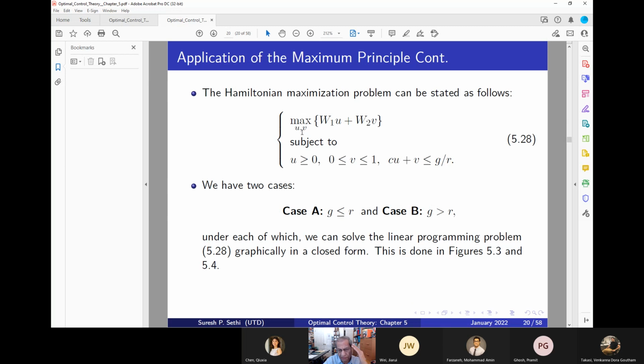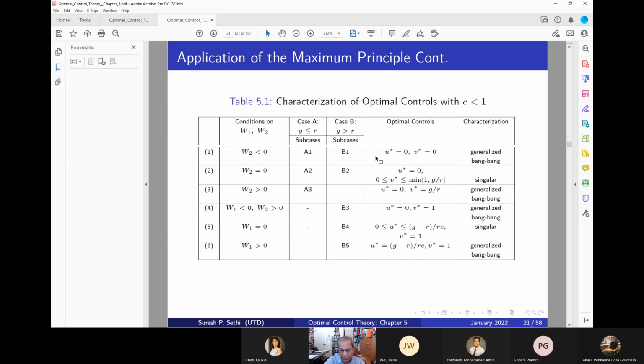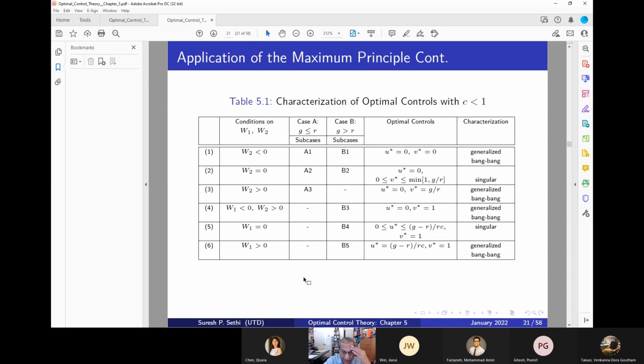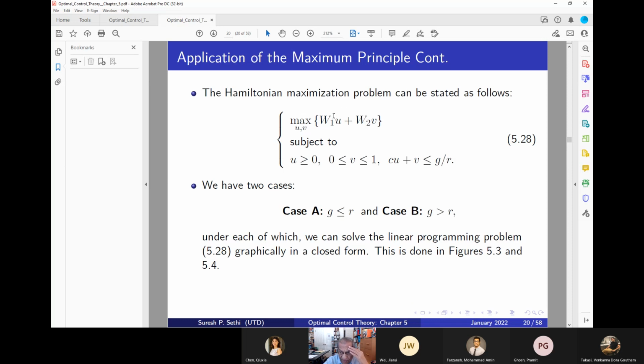So first of all, for a problem of this kind, one can solve the simplex or linear programming problem simply by looking at the geometry. So for example, if you look at these areas, if W1 is less than 0 and W2 is less than 0, then you know that you will set the controls U and V at their lowest values, which is 0, 0.